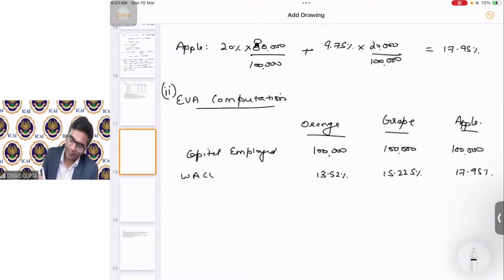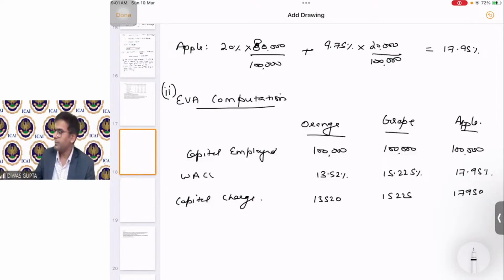These were the WACCs. So capital charge, can we calculate? Yes. 1 lakh into 13.52%, 13,520, 15,225, 17,950.